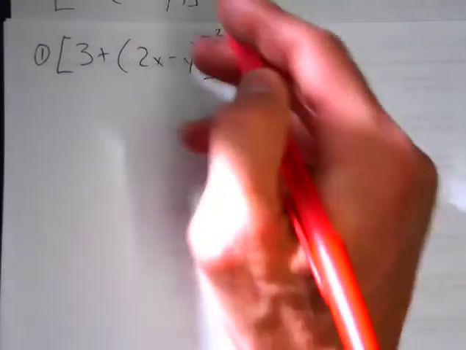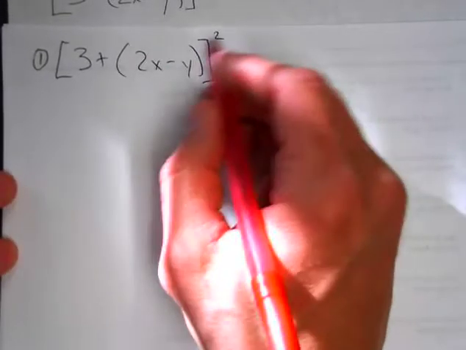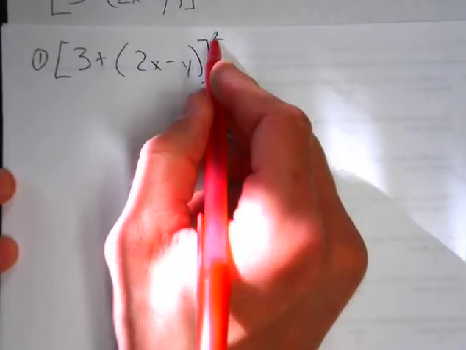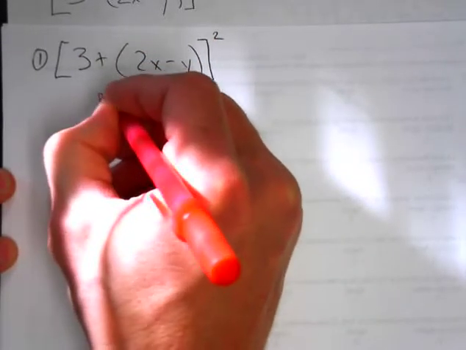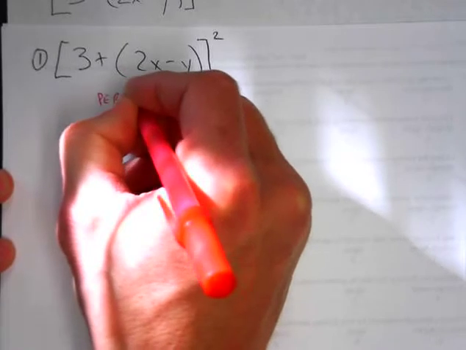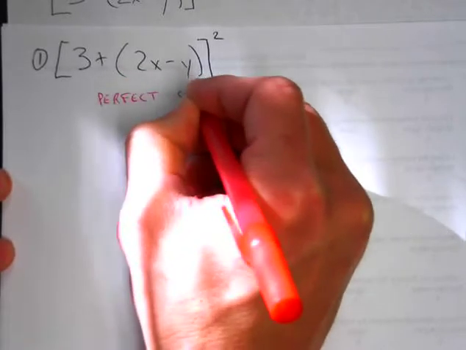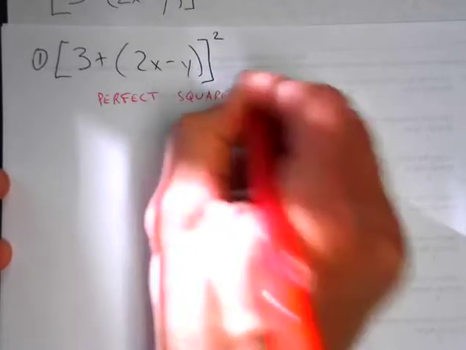So we have our first expression, and hopefully what you're recognizing immediately is that this is a perfect square. Well, not a binomial, but anyway, it is a perfect square. We have something being raised to the second power. And so we have to recognize from the last lesson that this indeed is a perfect square.